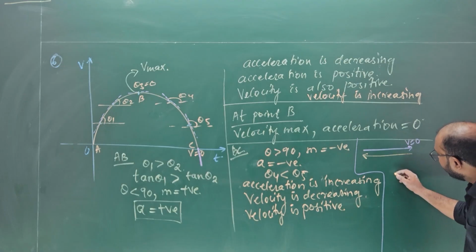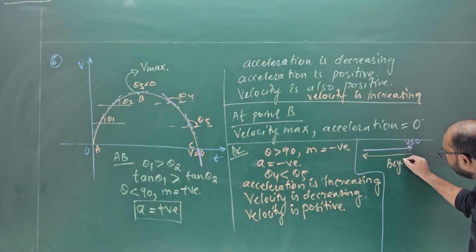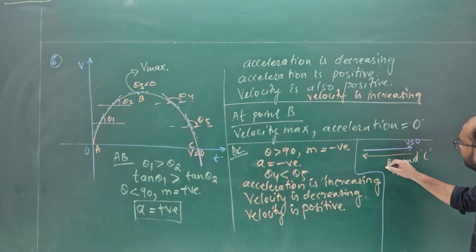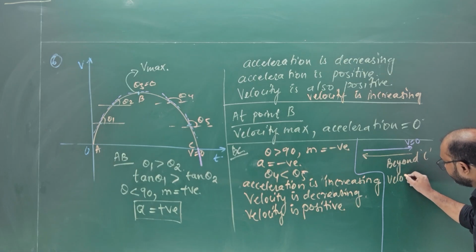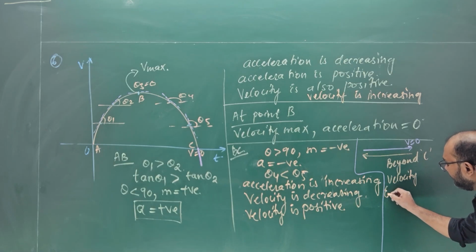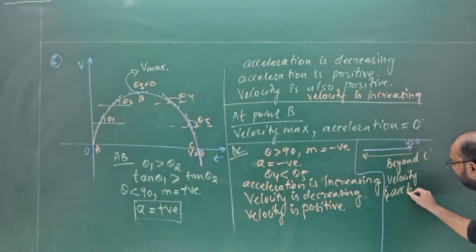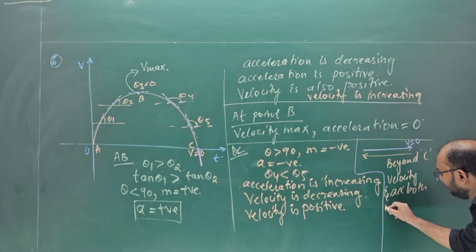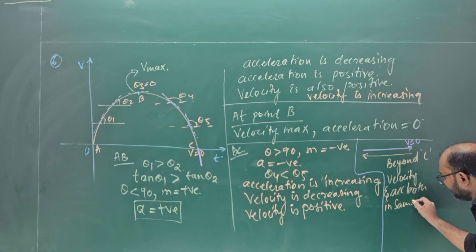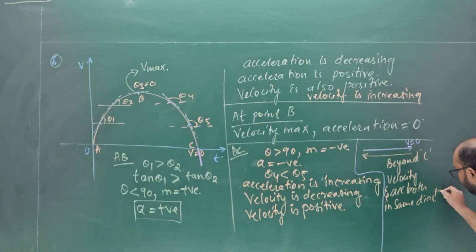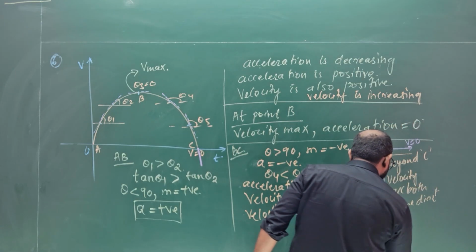If you want to write, you can write. So beyond C, velocity and acceleration both are in the same direction. That is what? Negative direction.